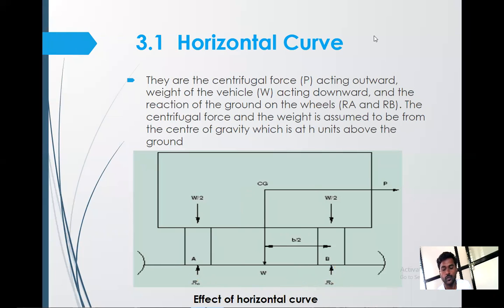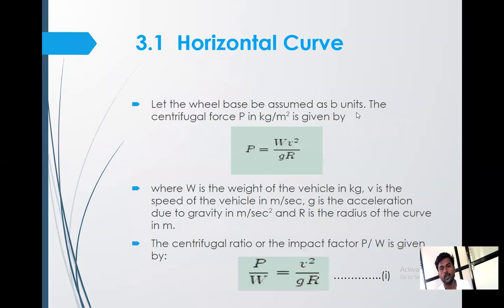Then we have derived the formula for factor of safety against overturning and factor of safety against skid of the vehicle, up to the last lecture. The formula for centrifugal force is WV square upon gR. This is very important, the formula for centrifugal force. Then what we have done, we have taken this W to the left side, so it becomes P by W is equal to V square by gR.